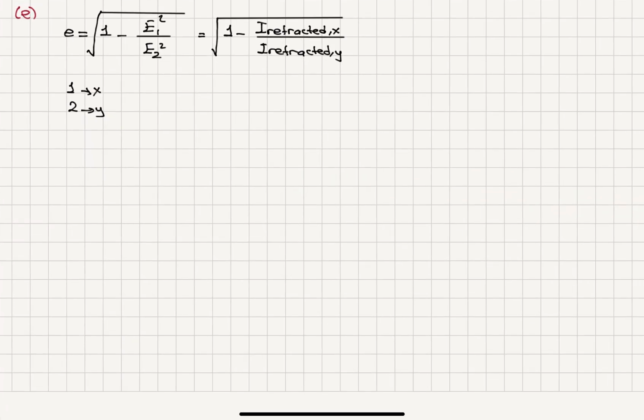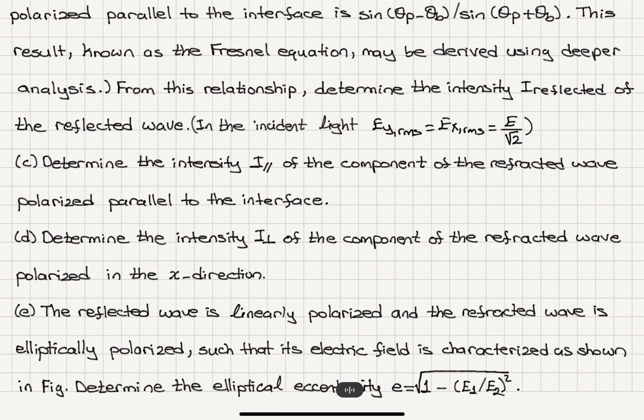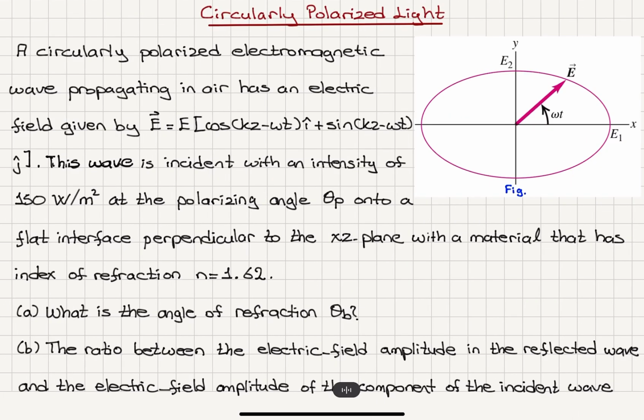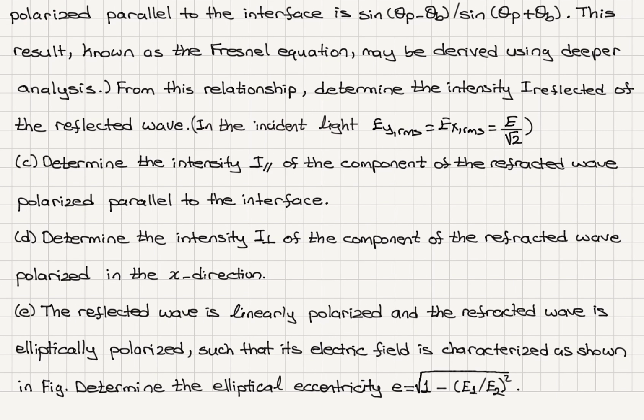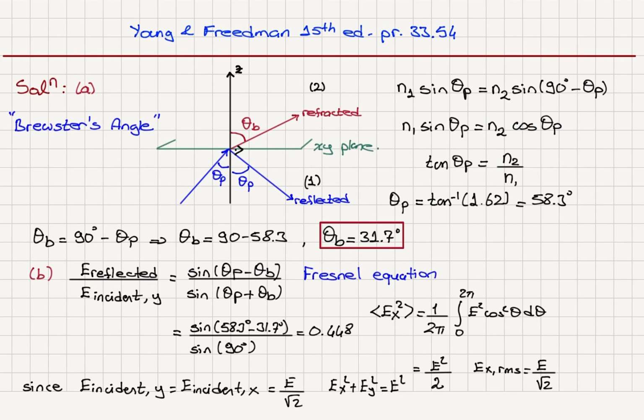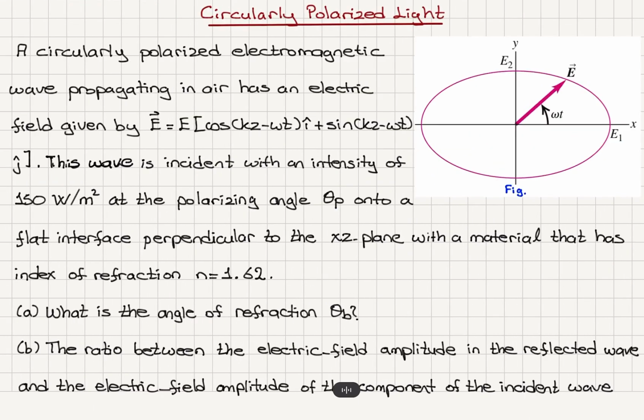So let's double check. E1 is the x component and E2 is the y component. Now, according to this figure, the one that has the largest number is the x component.